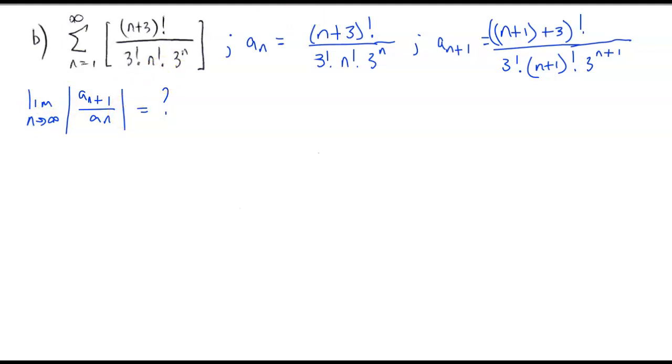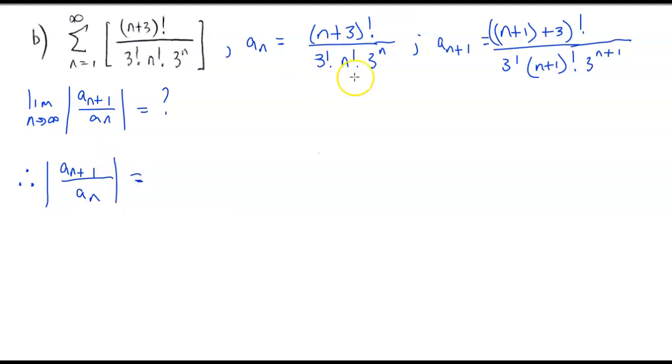To do that, first we need to figure out what the absolute value of a sub n plus 1 divided by a sub n is. We'll start by figuring out what that looks like in its simplest terms.